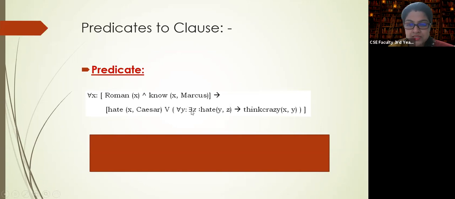For all y exists z hate y comma z implies thinkCrazy x comma y. So let us focus on this particular part. For all y exists z hate y comma z. That means for all y, people who hate someone, like we all hate someone, someone must be there whom we hate, or someone must be there to whom we are loyal.